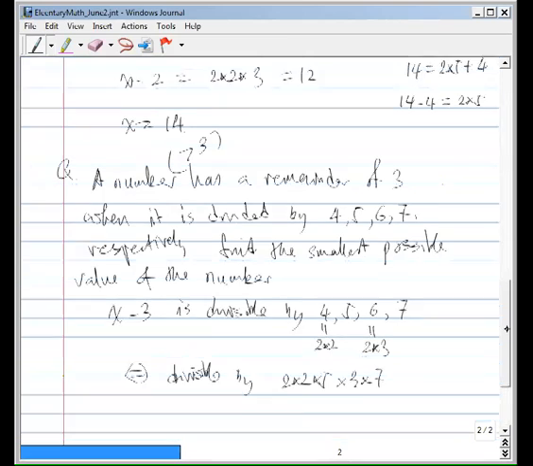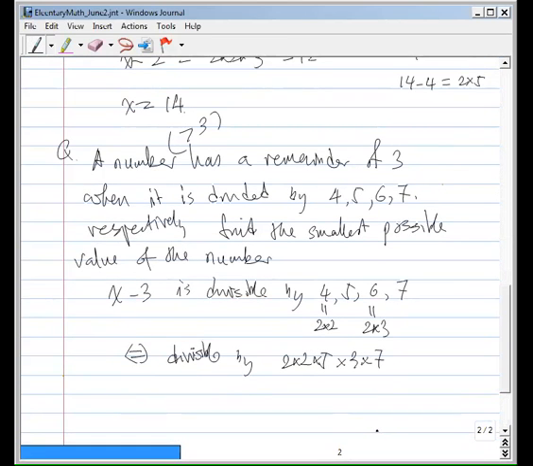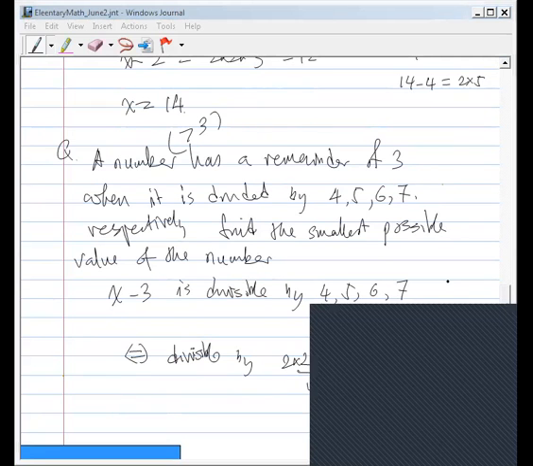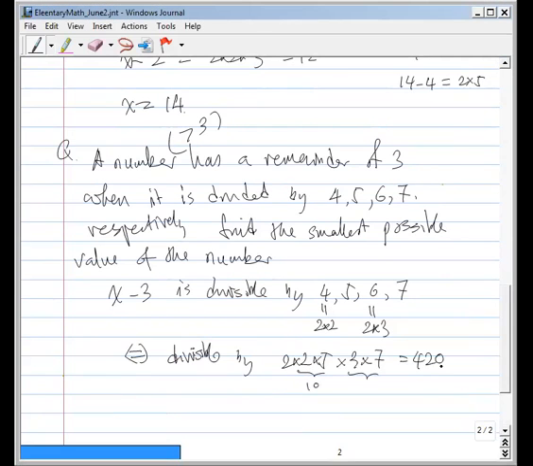When you multiply this out, it's easy. This is 21, and this is 10, so easy to calculate. 21 times 2 will be 42, and then a 0, so 420. Oh, Daniel got 423.